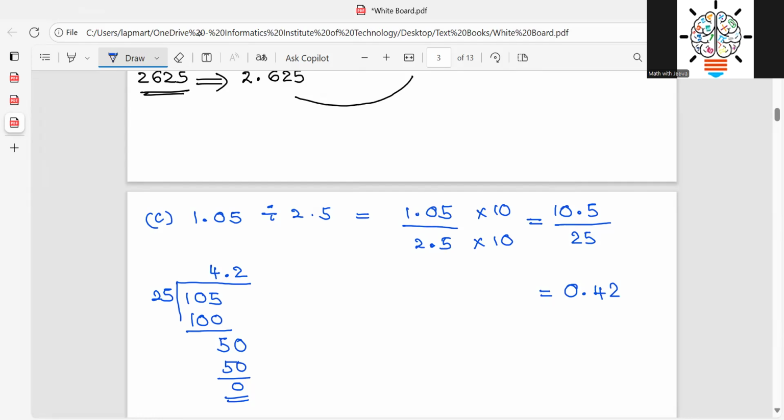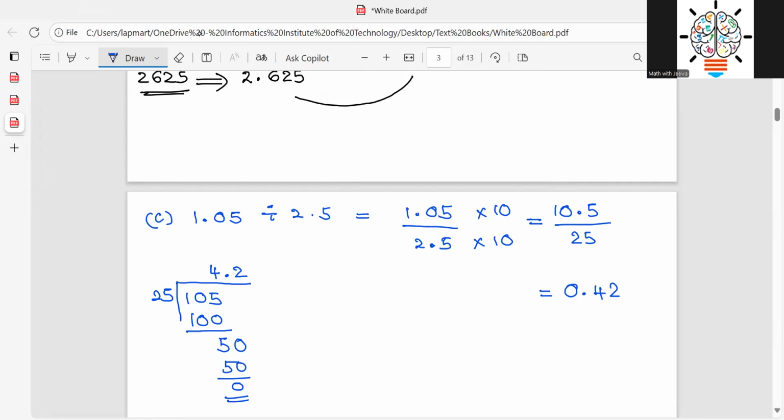When I'm having a division like this, where the numerator is a decimal and the denominator is a whole number, for the time being, I forget about the decimals and I just divide 105 by 25. It gives me 4.2. So for the 10.5, I should consider another decimal place and that becomes 0.42, right?